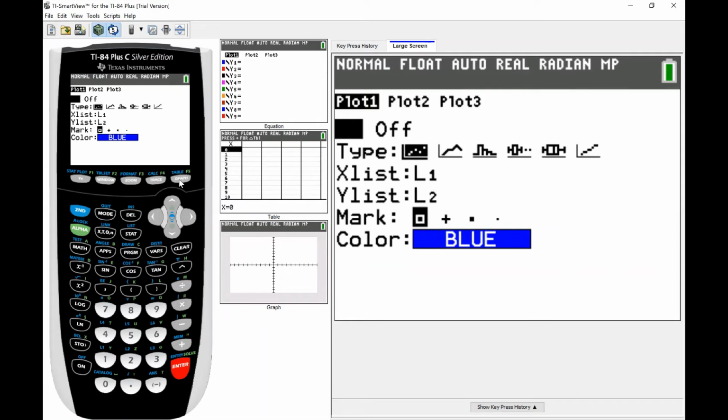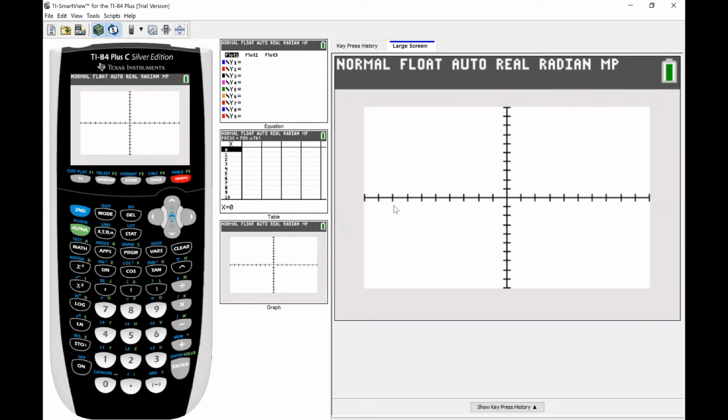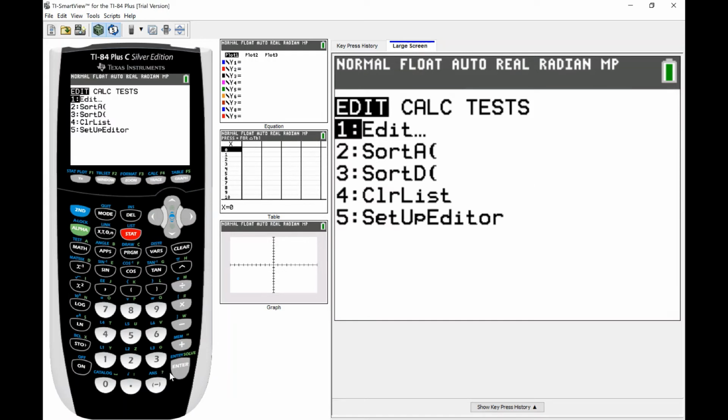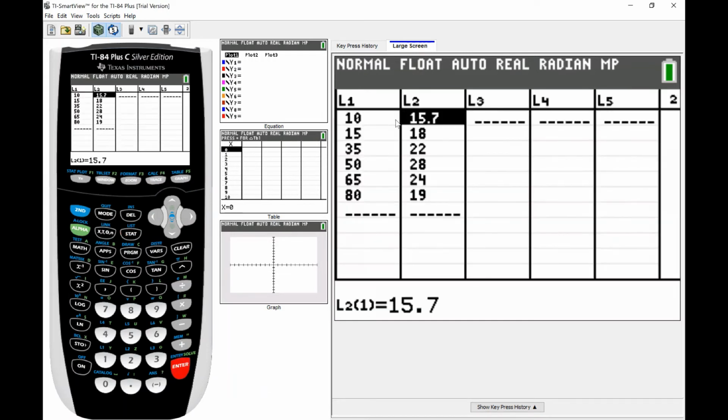But now if you go back to graph, we still can't see it. We can't see it because we need to change our window. So let's go back to our table, and we see that our smallest X value is 10 and the highest X value is 80. So let's go ahead and change that first.